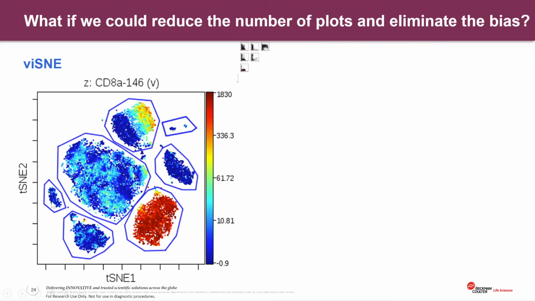So what you're looking at here is a viSNE map that's reduced all of that complexity of the data, separated your events based on similarities into these islands that then distribute into CD8 positive T cells and probably monocytes or whatever else, that you can technically utilize the z-axis over here to look at the expression.